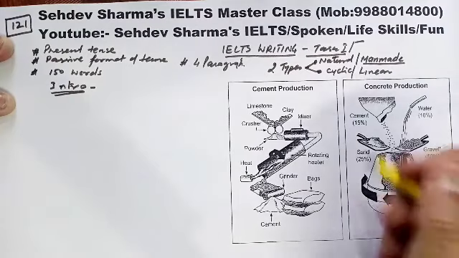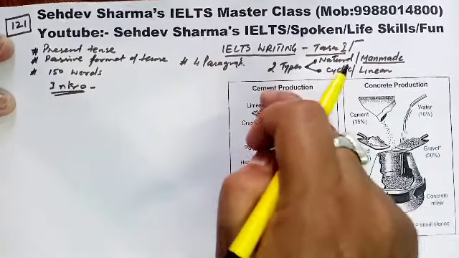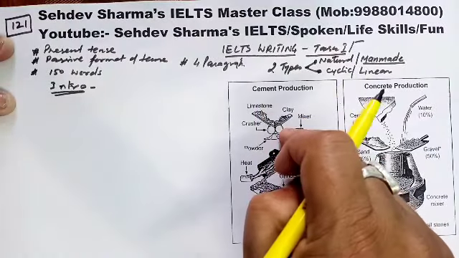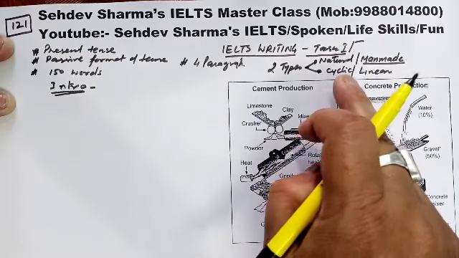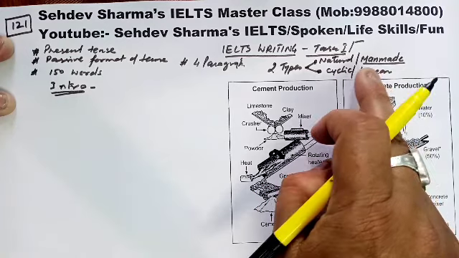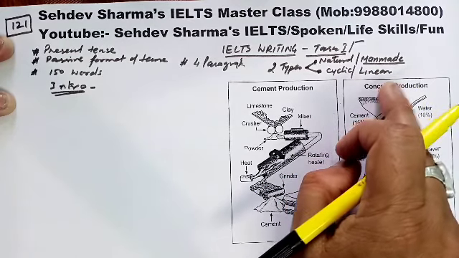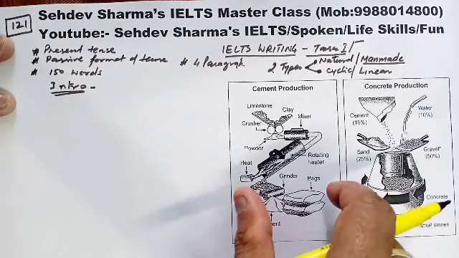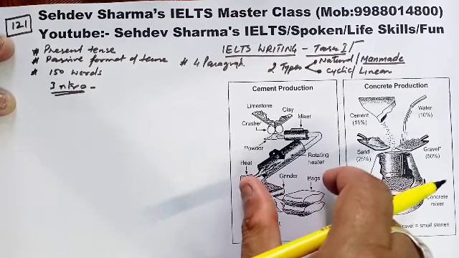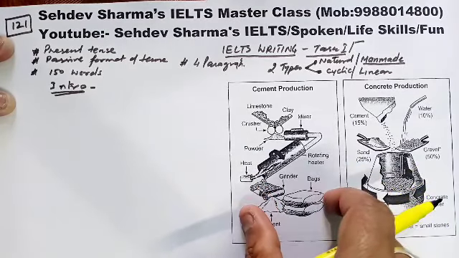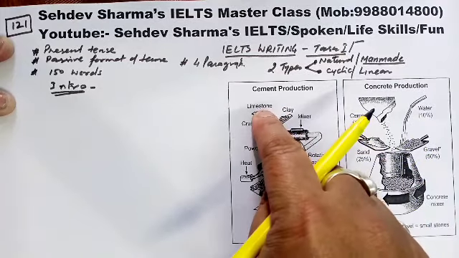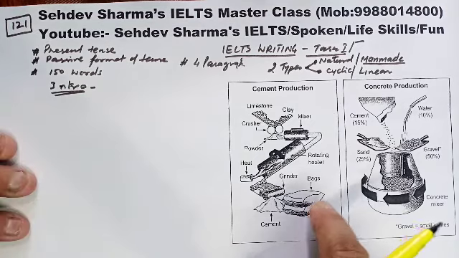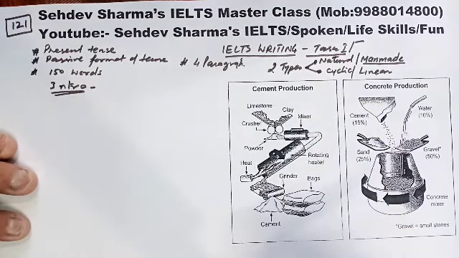Cyclic means it is moving in a circular shape. It will come back to its original position again. And linear means it will never come back to its original position. So by now you understood that this is a linear process, not a cyclic one. You add limestone and clay, you do some processing and cement is made, and from cement, limestone cannot be made again.